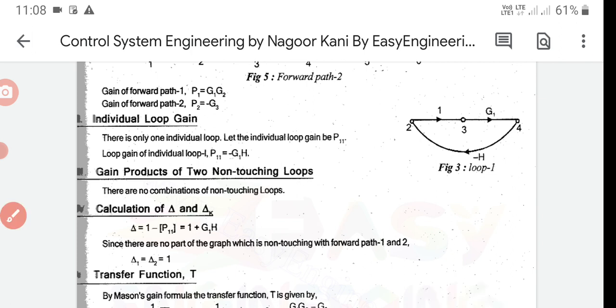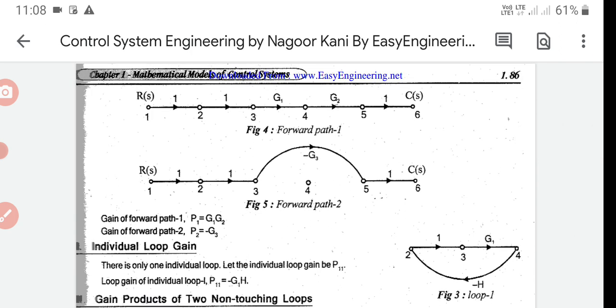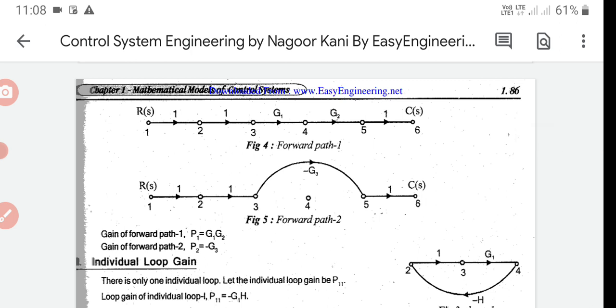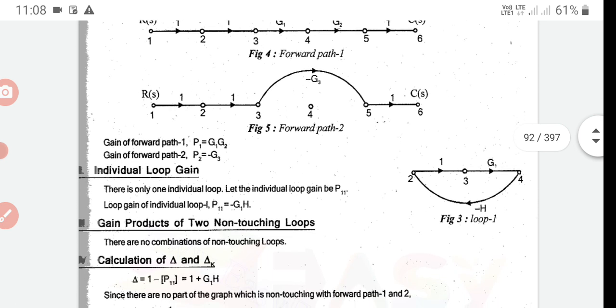After that, we have to find delta 1 and delta 2. How do you calculate them? If there is any non-touching loop for the main forward path, then you can calculate delta 1. Is there any non-touching loop here? No. So for the first forward path, delta 1 is equal to 1.